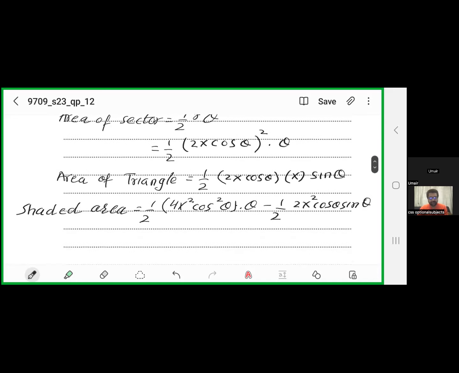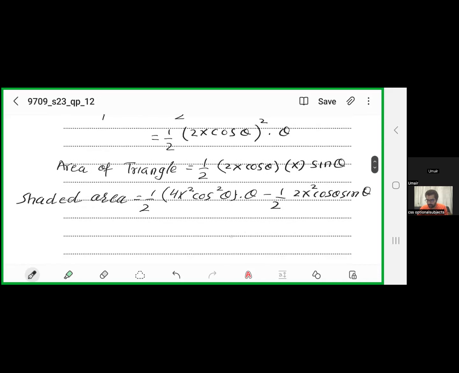Now you can simplify it as much as you can. We can take out some common things. Take out common 1 by 2, common 2 because here you have got 4, common x square, and common cos theta.